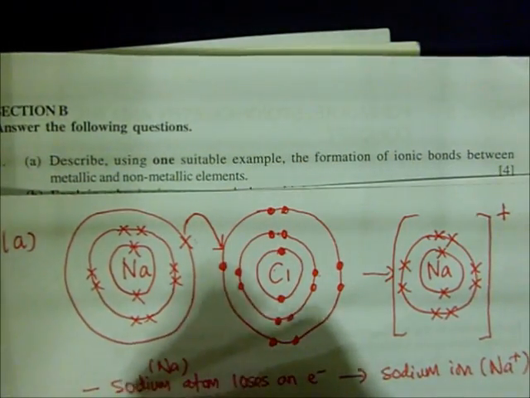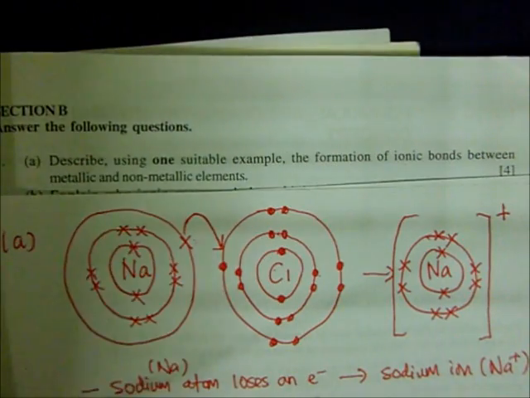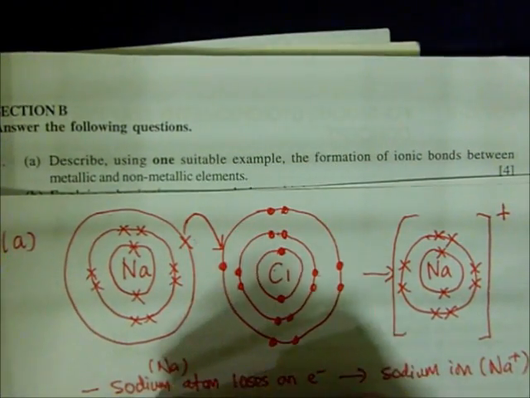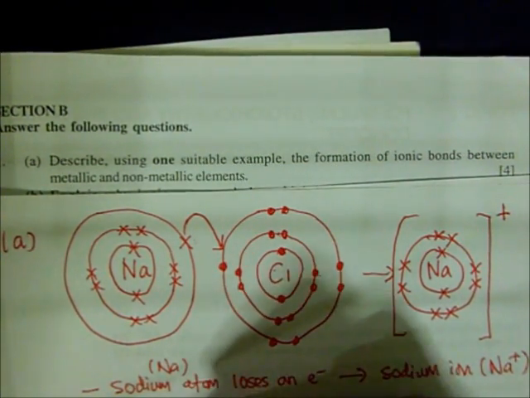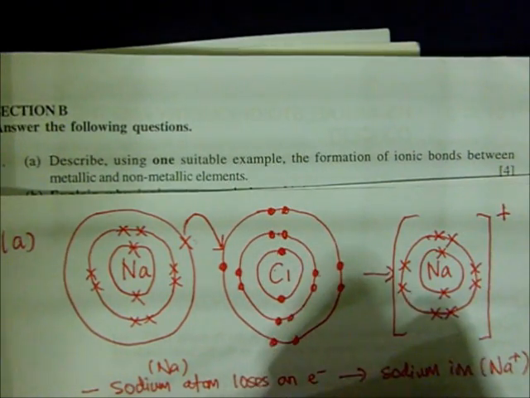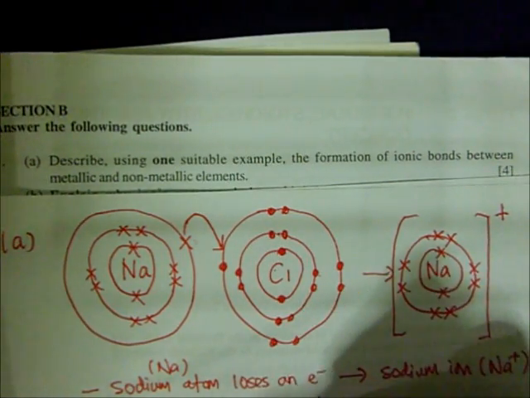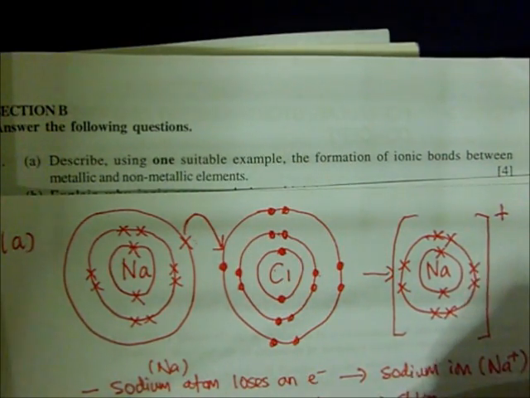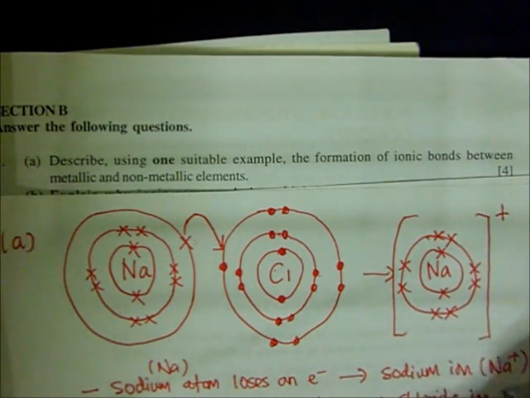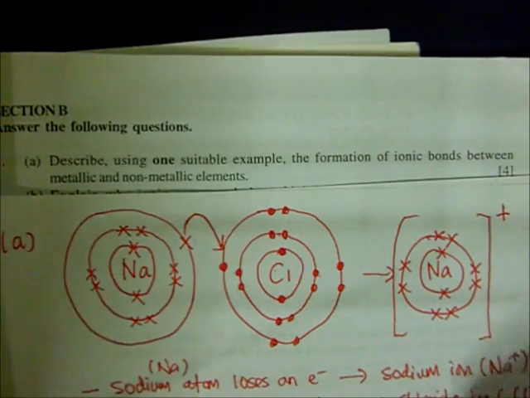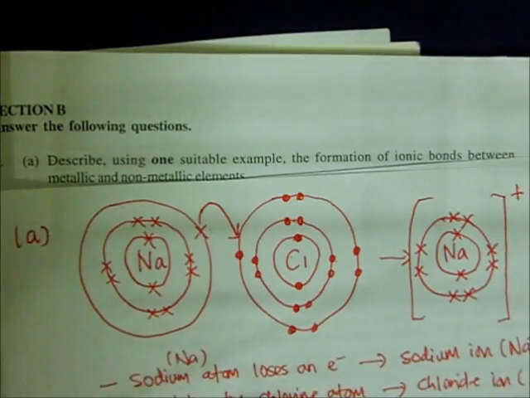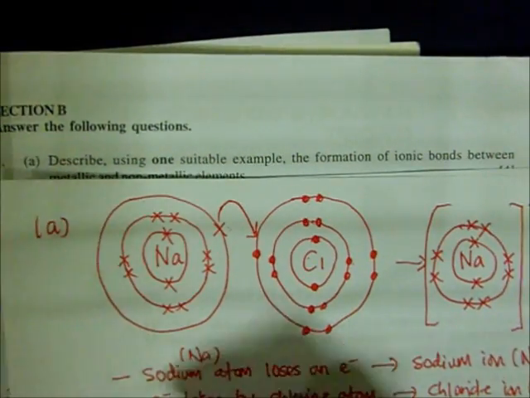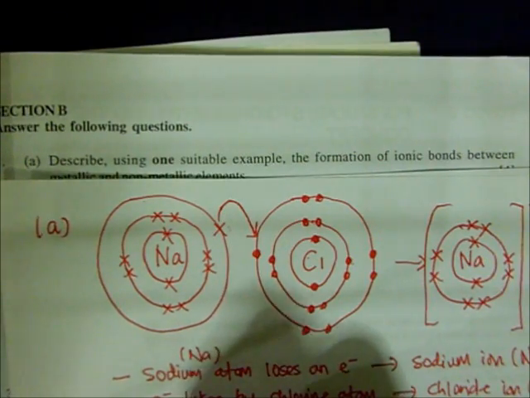Then the electron lost by the sodium atom is taken up by the chlorine atom to form chloride ion, which is Cl negative. And then after that, the transfer of electron.